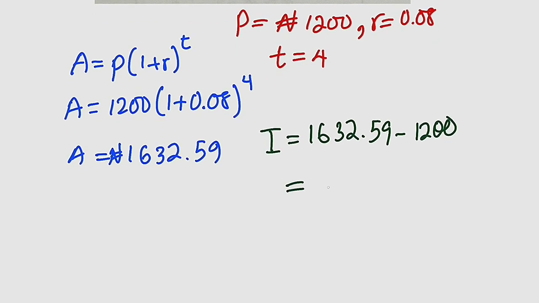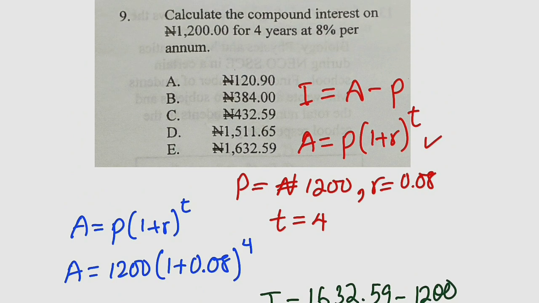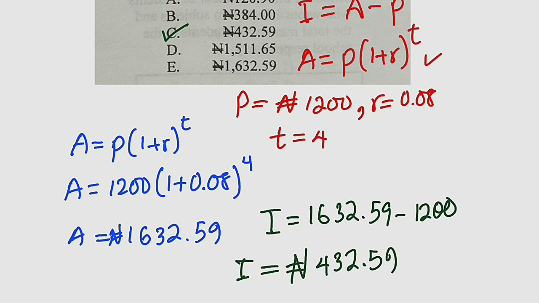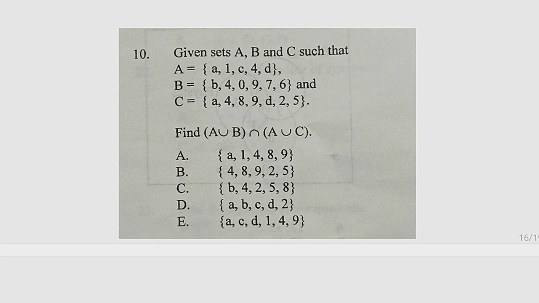And if you subtract, you're going to obtain 432.59 naira. So this is the interest, which is option B. No, option C. You can see that 432.59. Let us move on to the next question, which is question number 10.